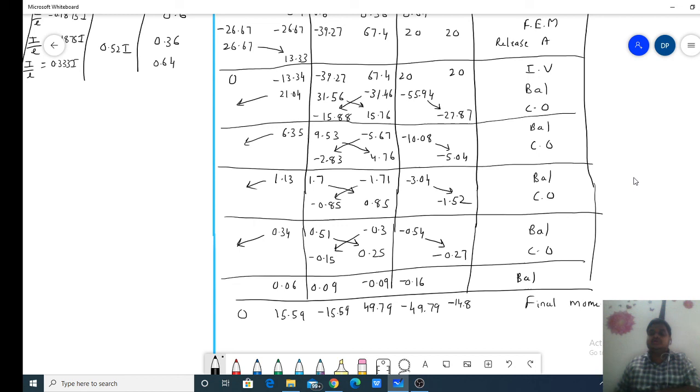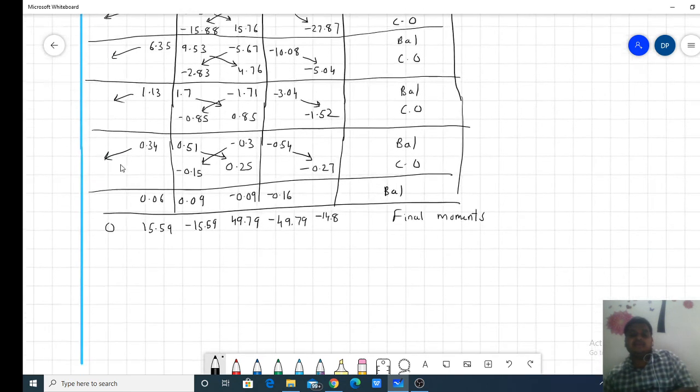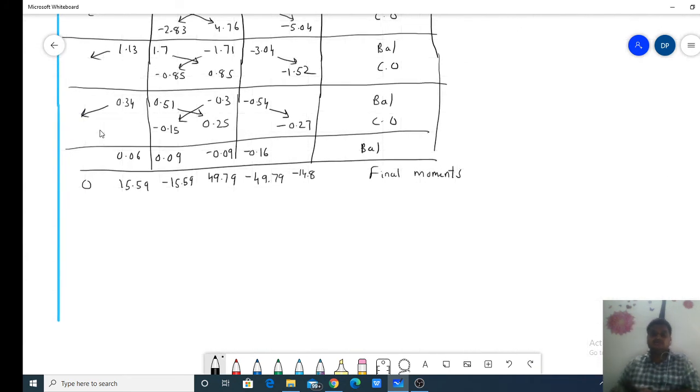So once you get the final moments, the last step will be drawing a free bending moment diagram. So in order to draw the bending moment diagram, first the baseline I need to draw, right? So I have just drawn the line. So A, B, say C, and say D, right?